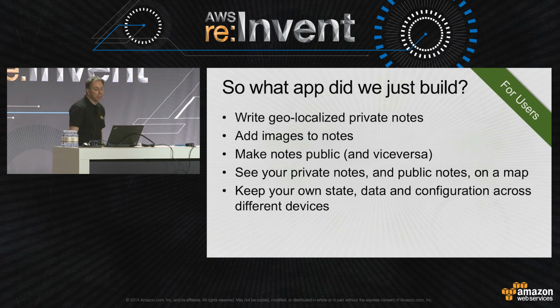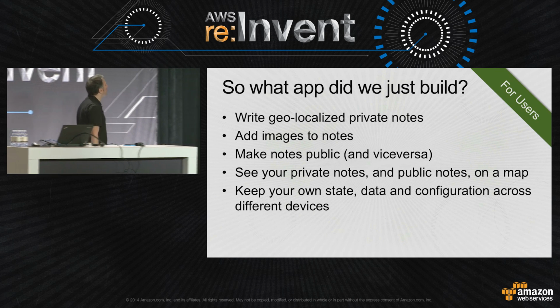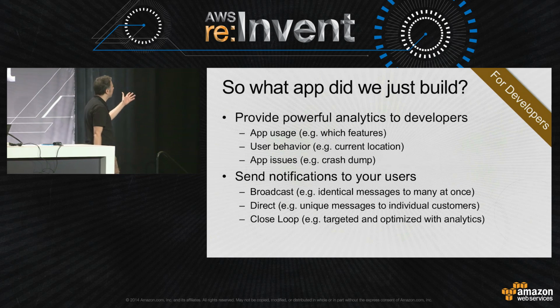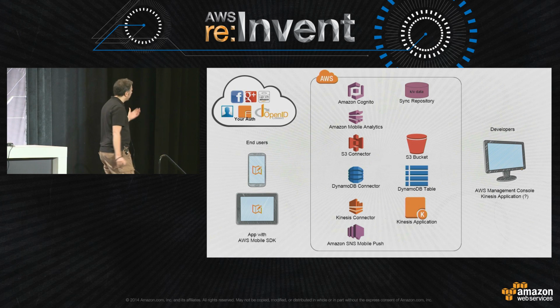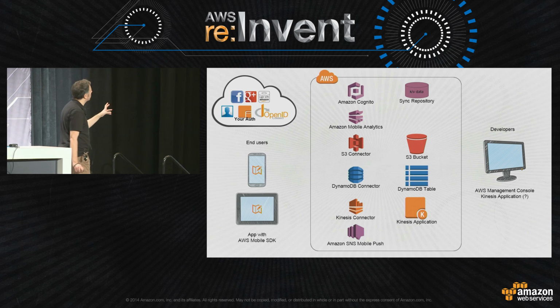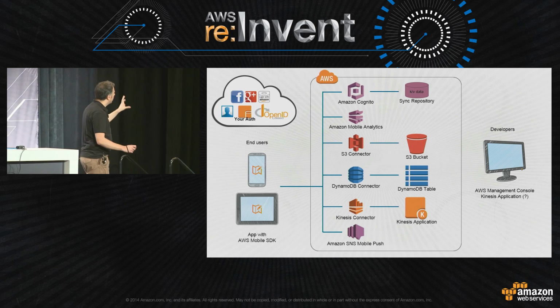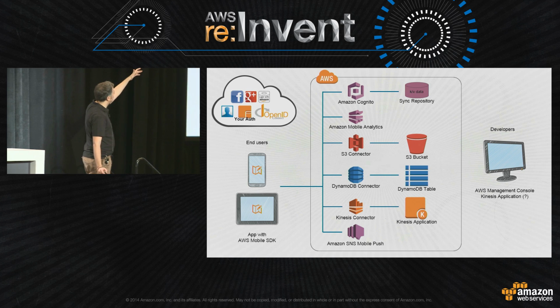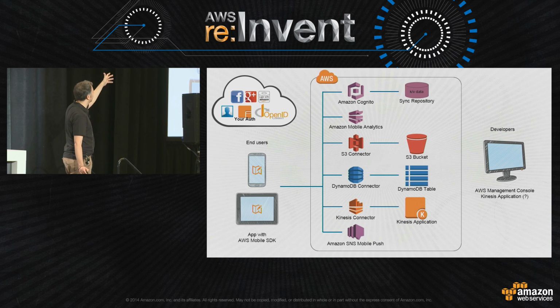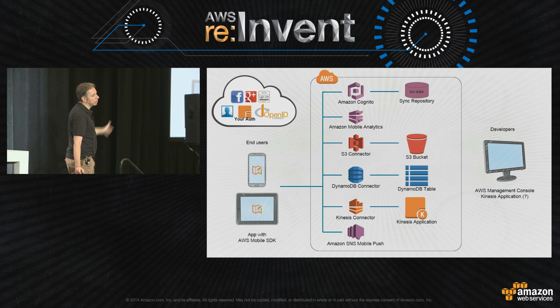So what app did we just theoretically build? These are the features that I was mentioning at the beginning, and this is the overall framework. It's nice to look at the overall picture of the application, because on the client side, you can interact directly with Cognito with the key value store for data synchronization, so identity and synchronization, mobile analytics, the S3 connector to go directly to a bucket, the DynamoDB connector to manage the connection to a database very easily, and the Kinesis connector to stream data.